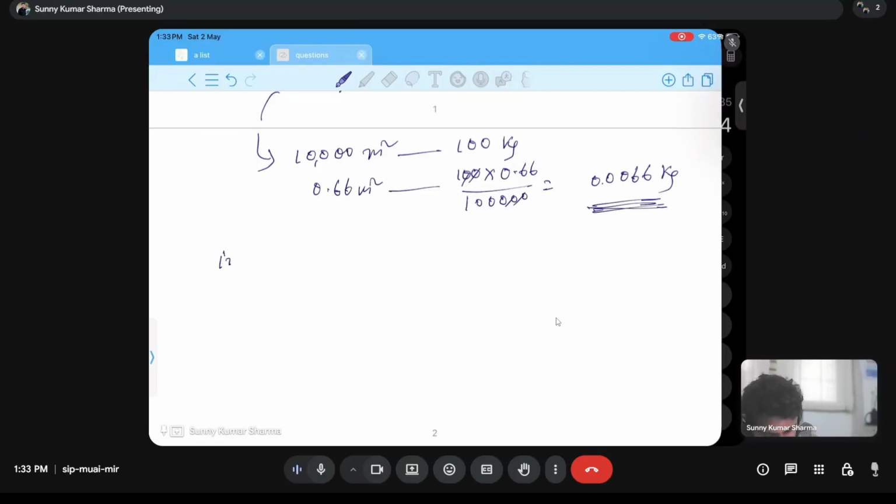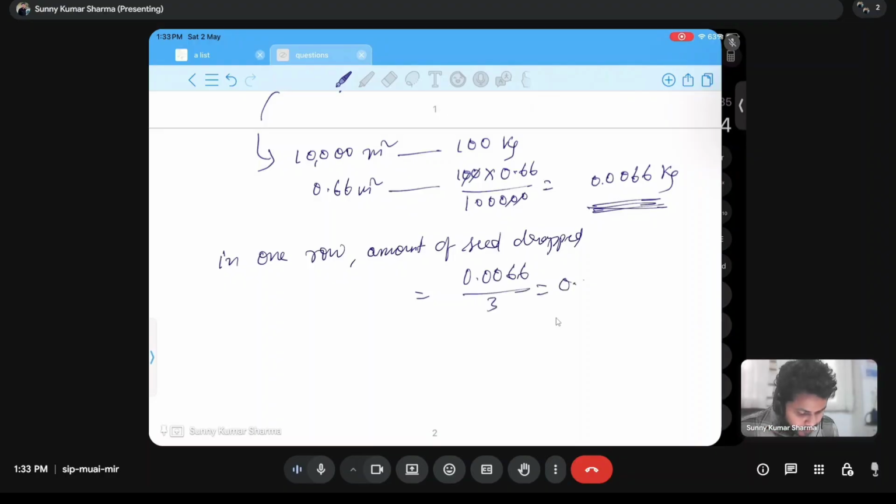So in one row, the amount of seed dropped will be 0.0066 by 3.